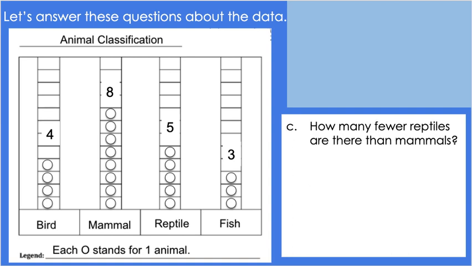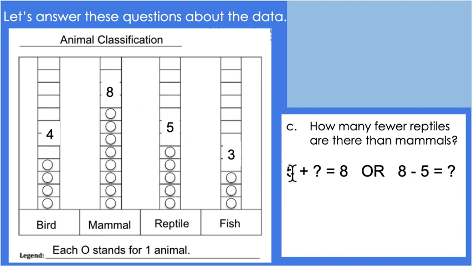Next question, how many fewer reptiles are there than mammals? How many fewer means we're comparing. So I wonder what you remember about what we talked about comparing. What that means is you're probably going to want to subtract. So how many fewer means we're comparing between the reptiles and the mammals. So take the bigger number, 8, and subtract 5. 8 minus 5.